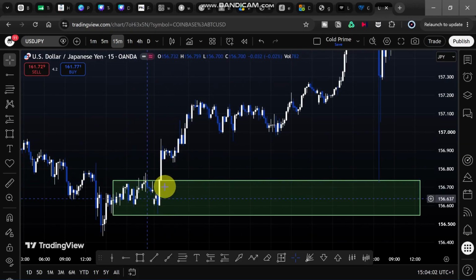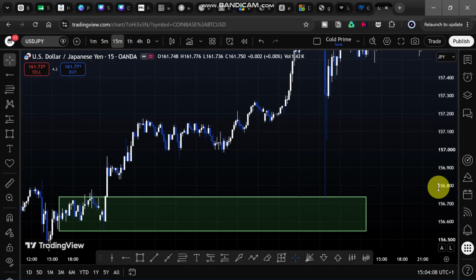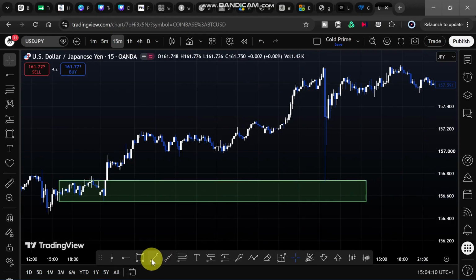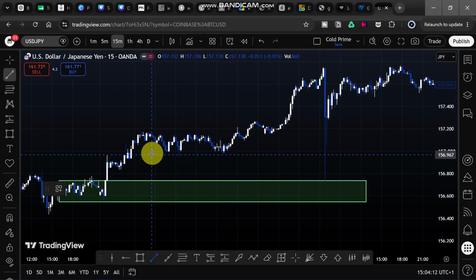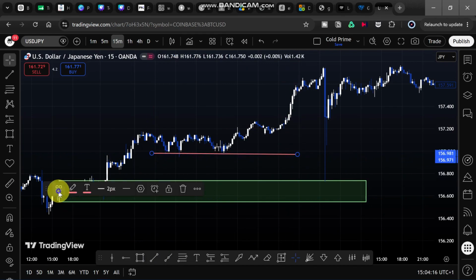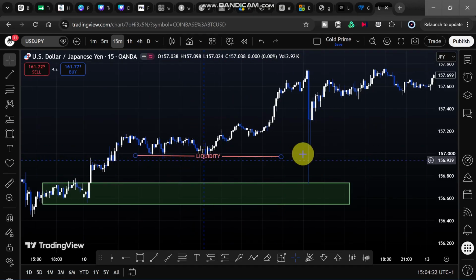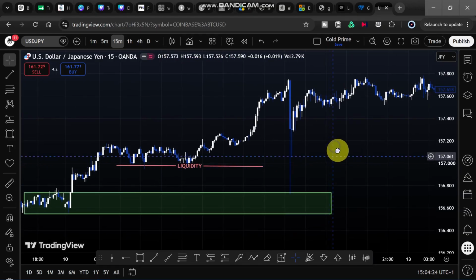Okay. So if you look closely, there was this liquidity here. Liquidity sitting at these lows here. Okay. So liquidity was sitting at these lows and the market came and tapped on this.